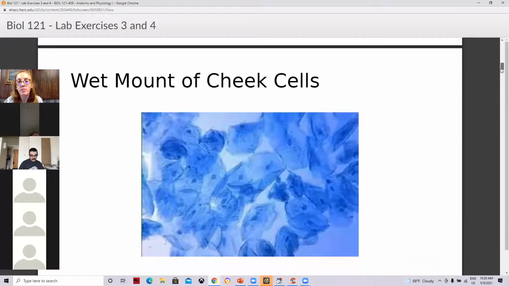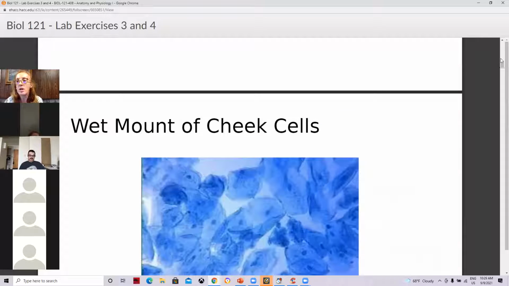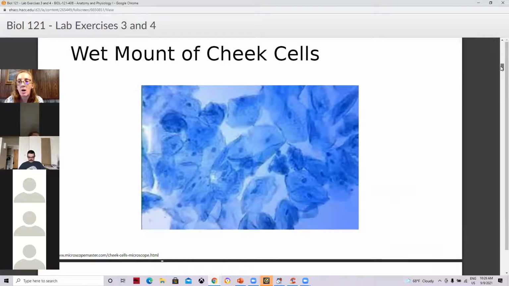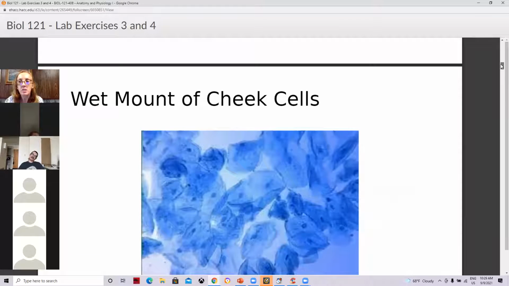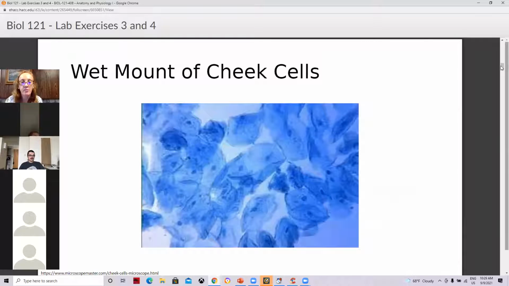What that means is that we create a really thin specimen. In this case, what they've done is swab the inside of someone's mouth, add a drop of water, and place a cover slip over the top of it. In addition to adding a drop of water, they add a small amount of dye.